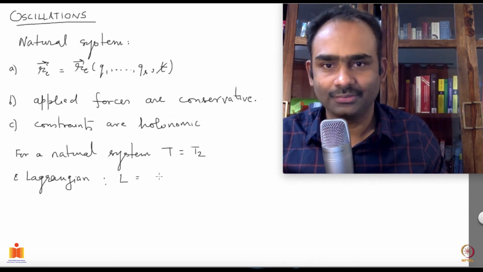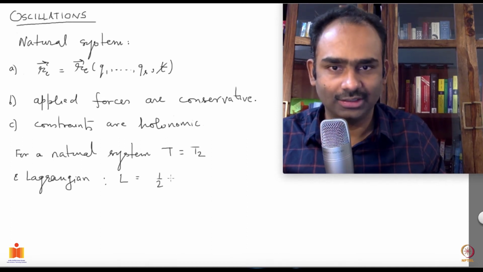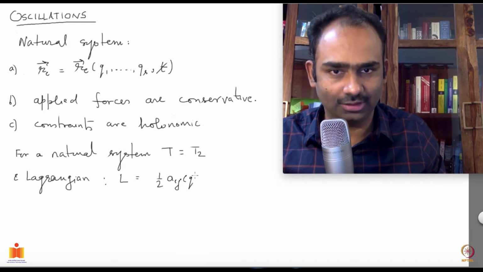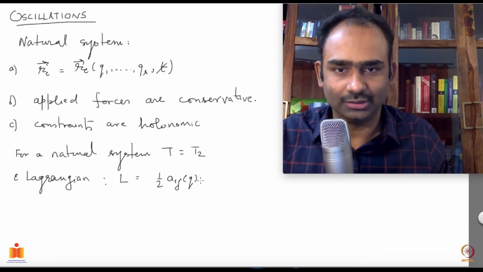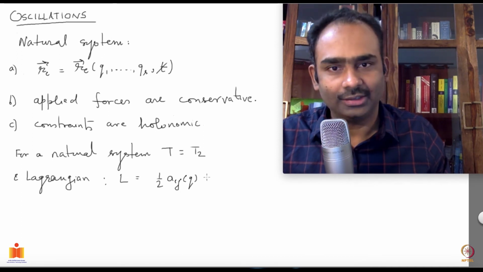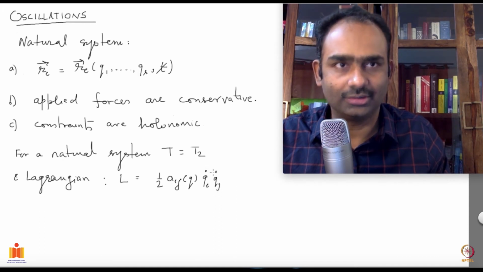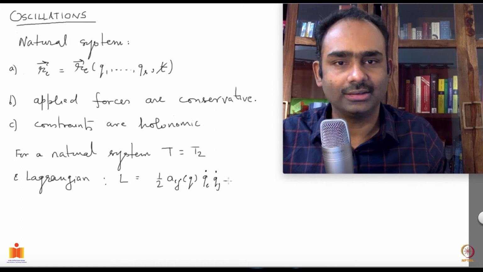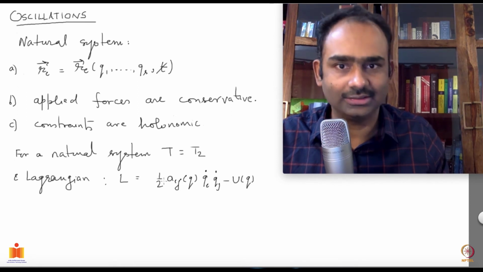So your L will be T2, it will be half a_ij, which in general depends on all the coordinates q_i, which I am denoting by q, and then you have q_i dot q_j dot, minus the potential energy, which depends on again all the generalized coordinates.